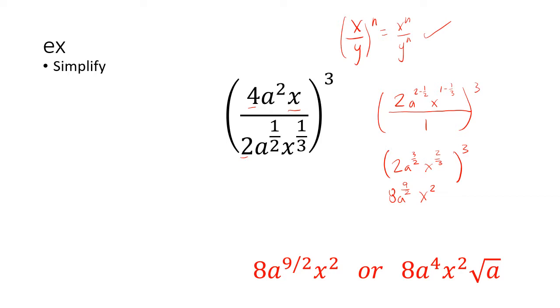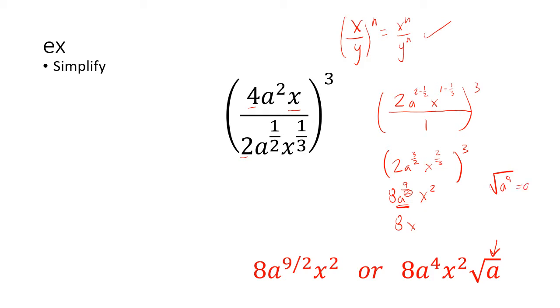If you were asked to put this in simplest radical form, that suggests that you need this radical symbol here. And so the only thing that would go inside of a radical because of this rational exponent is the a. So we have 8x. What would this look like? The square root of a to the 9th. You can take out 4 a squareds out of that, right?